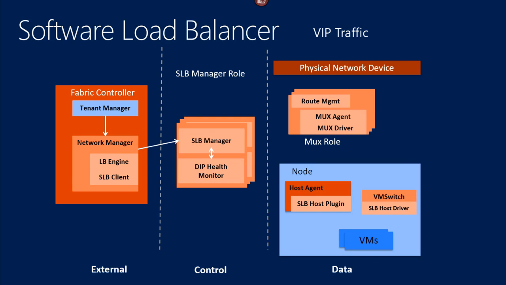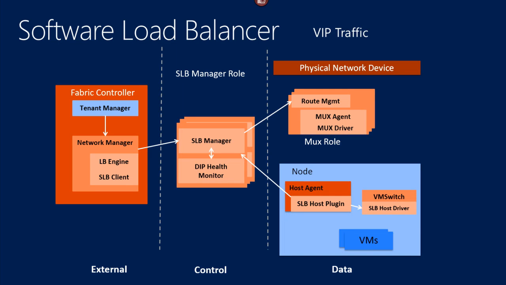You can see them show up there on the node. The SLB host plugin at that point is going to ask the SLB manager, what route do I give this guy? What VIP is mapped to this guy? And the manager is going to tell the SLB host driver, which is plugged into the networking stack, about the DIP to VIP mapping for these virtual machines.